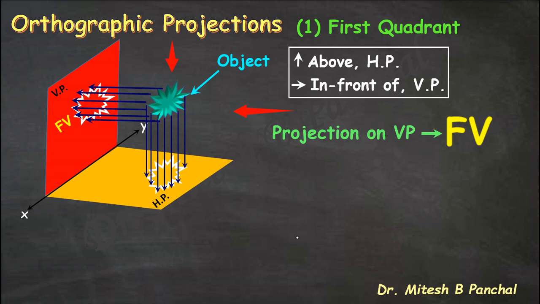The projection of the object on HP is nothing but the top view. This way we can get the front view and top view of the object when the object is in the first quadrant. Now in this pattern, HP and VP are perpendicular to each other.